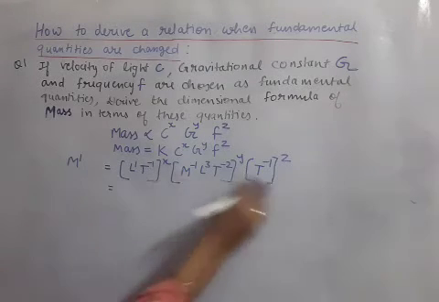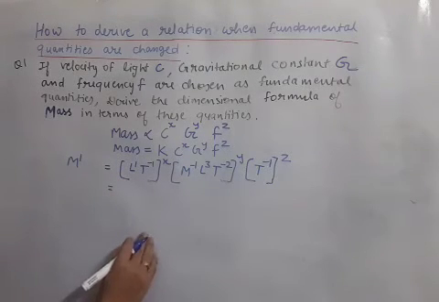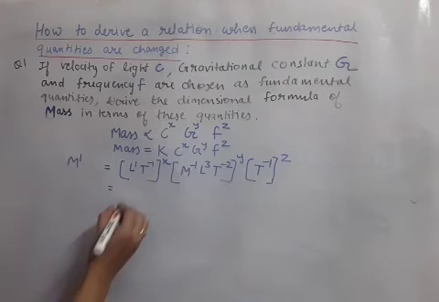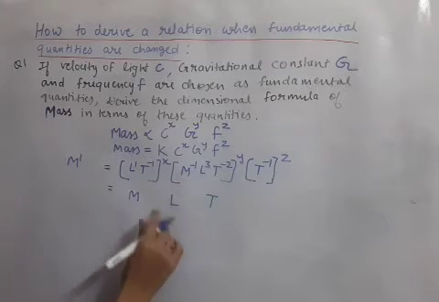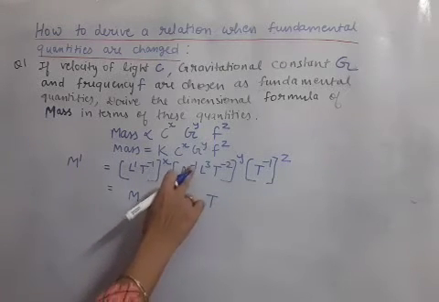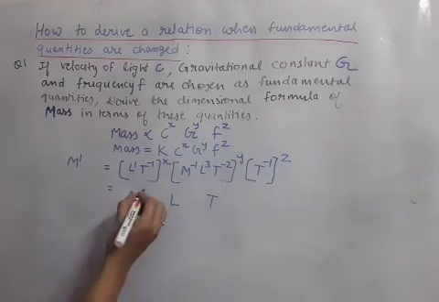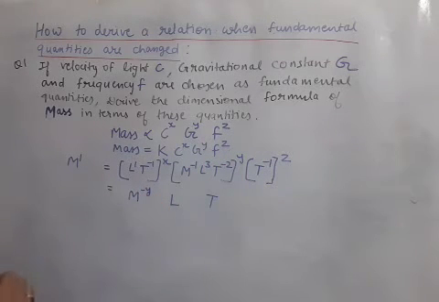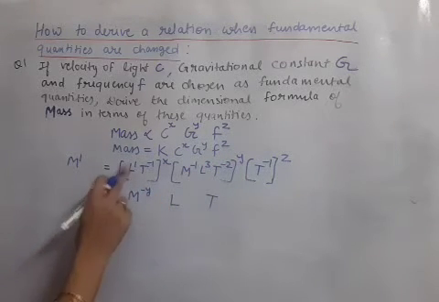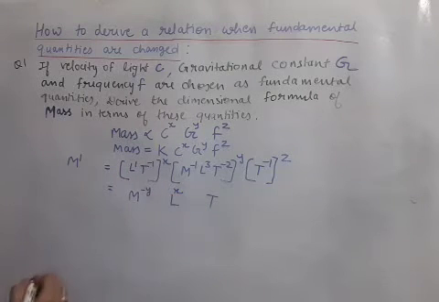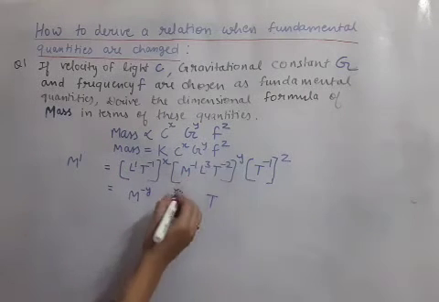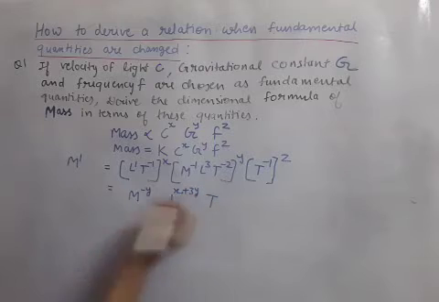Now we have to arrange the complete expression in MLT sequence. We can do it directly also. M is here, its power is minus 1 into y, that is minus y. L: 1 into x is x, 3 into y is 3y.